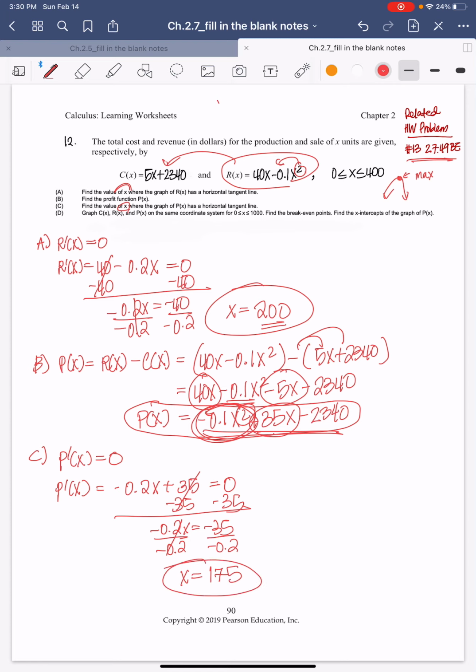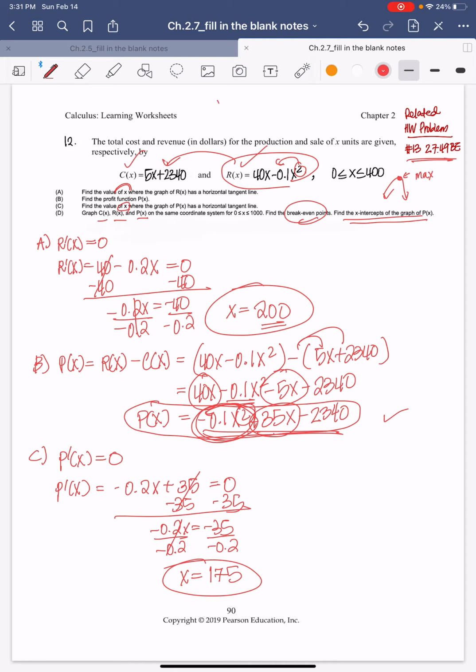Okay. Part D is graphing the function and then find the break-even point. And then also it's asking you to find the x-intercept of the graph of P of x. So I already know what C, R, and P of x are. So I'm going to use these three equations right here.